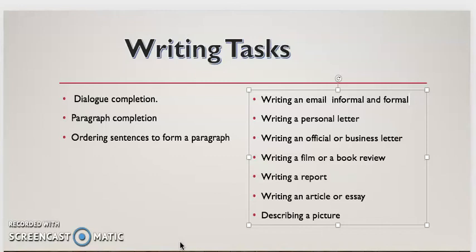Describing a picture. In this kind of activity, students are given a picture with something inside, people, somewhere. So in this kind of activity, you're going to talk about what you can see.